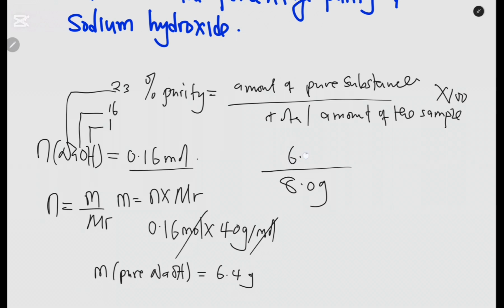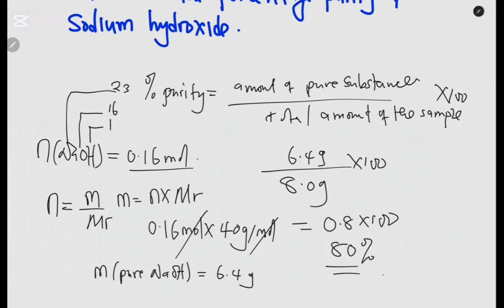So I'm going to say 6.4 gram multiplied by 100. In this case, what are we going to find? Divide this one by 8. It's giving me 0.8 multiplied by 100, which is 80%. So percentage purity here is 80%.